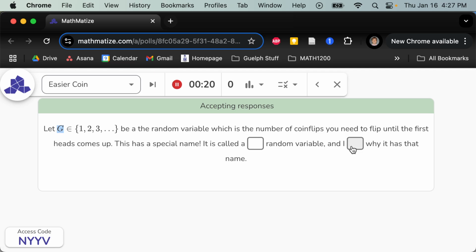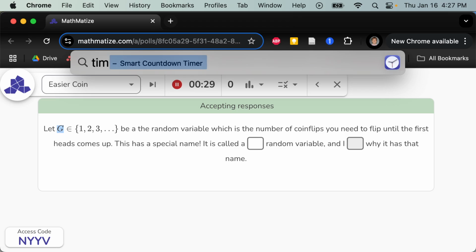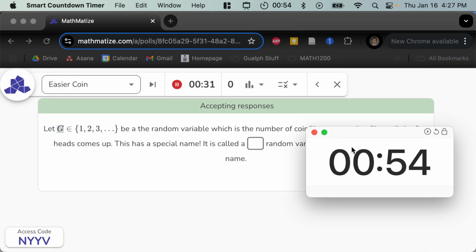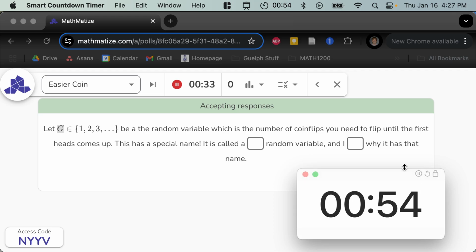And this one has options. You either know or don't know why it has that name. I guess if you don't know the name, you don't know why it has the name. So there you go. Okay, I'll give you 1 minute. Try to remember, what is this thing called and where does it come from? Okay.